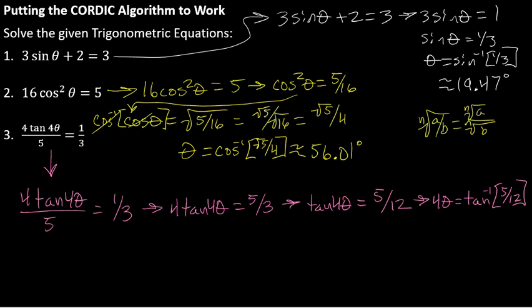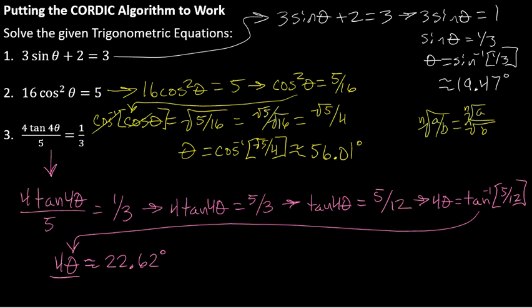Okay, and go ahead and throw that in the calculator. So arctangent of 5/12. That gives me approximately, let me bring my work over here, so 4 times our unknown angle theta is approximately equal to 22.62 degrees.